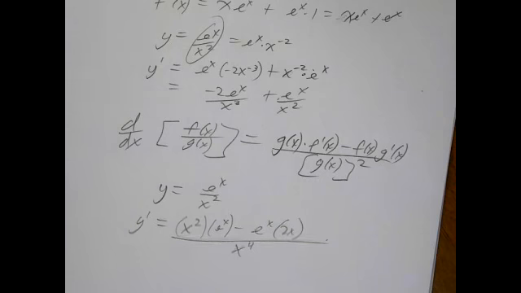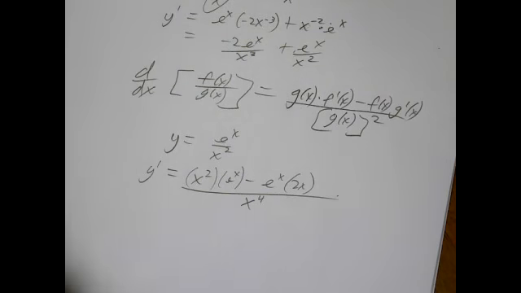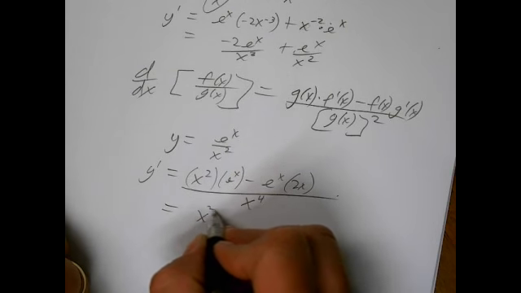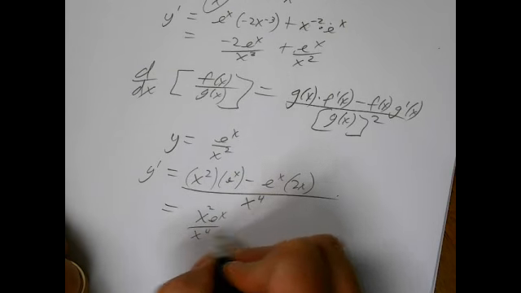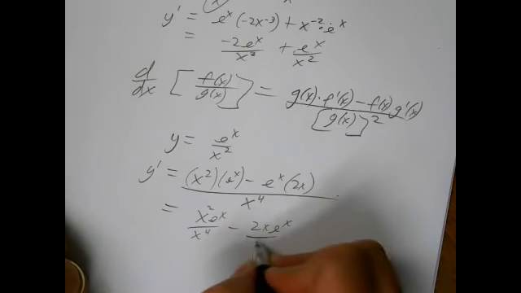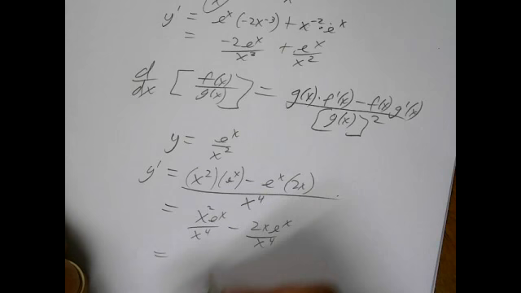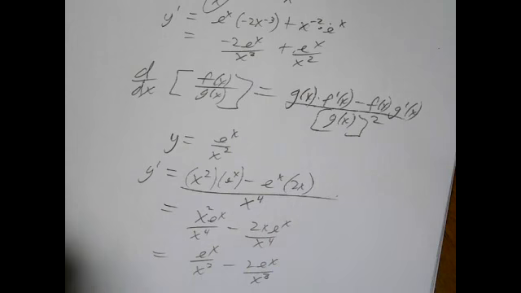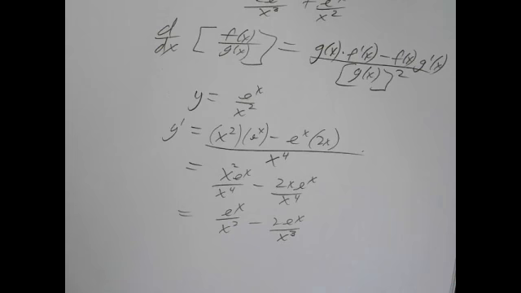And you're like, well, that doesn't quite look like what we had. Yeah, it does. Split it up. x squared e to the x over x to the fourth minus 2x e to the x over x to the fourth. Reduce the fractions. And I think you'll see it's the same thing.